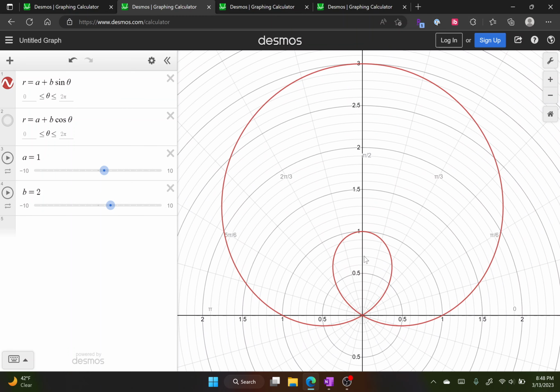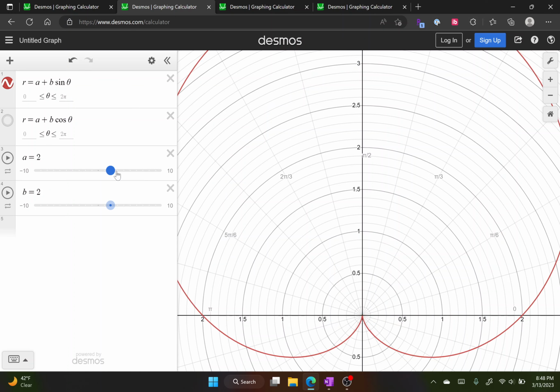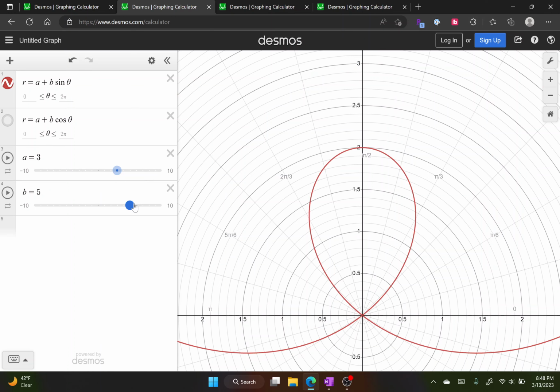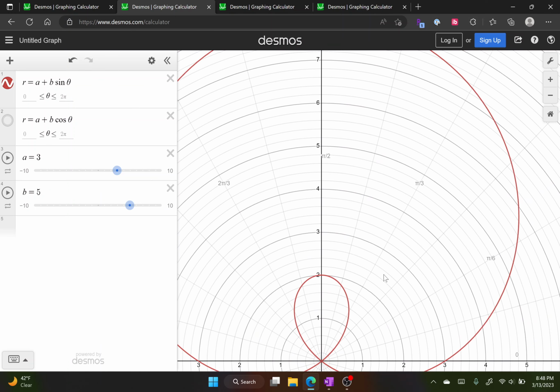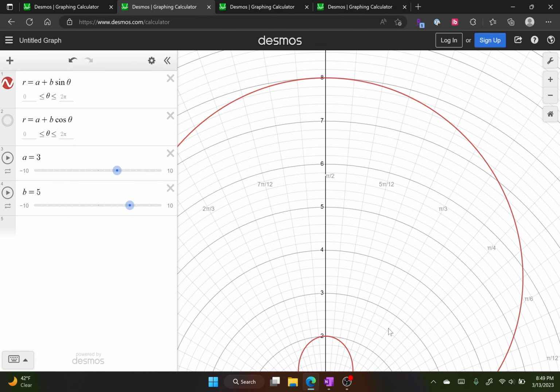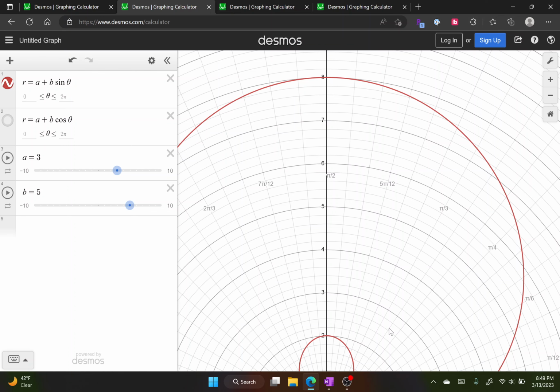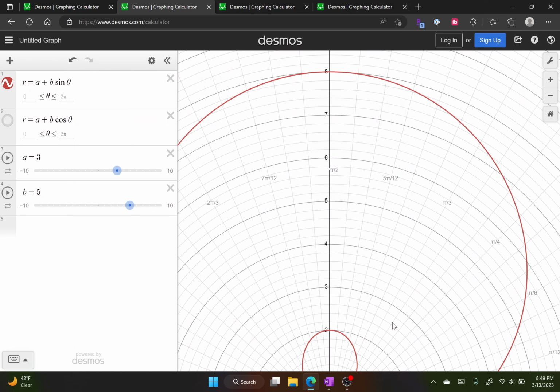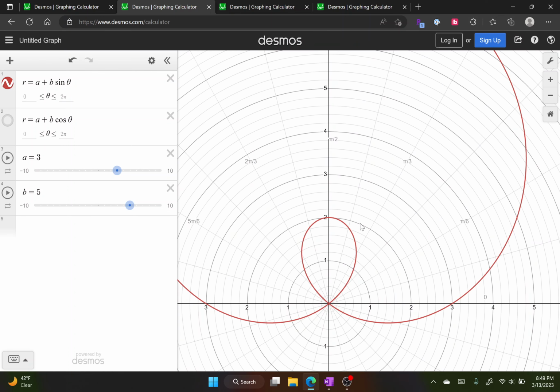Now, our inner loop has a length of 1 because that's the difference between the two numbers. So let's change this. Maybe A is 3, B is 5. Our outer loop has a length of 8 at its maximum point, 5 plus 3. And then our inner loop has a size of 2 because that's our difference.